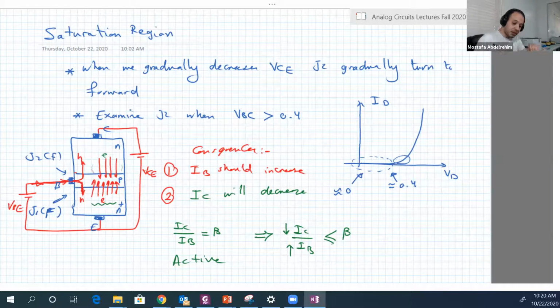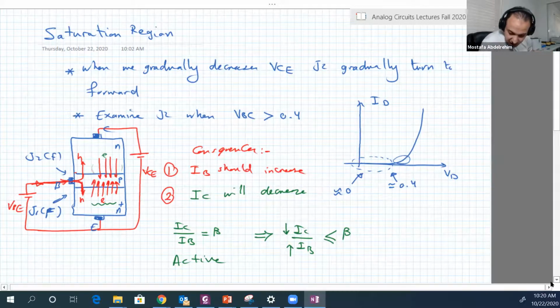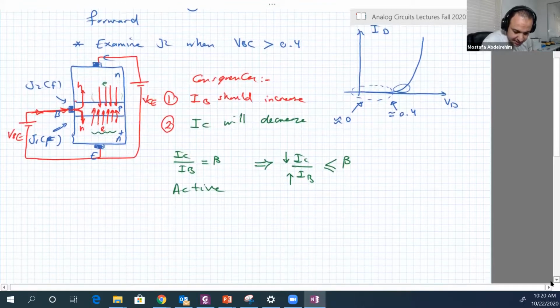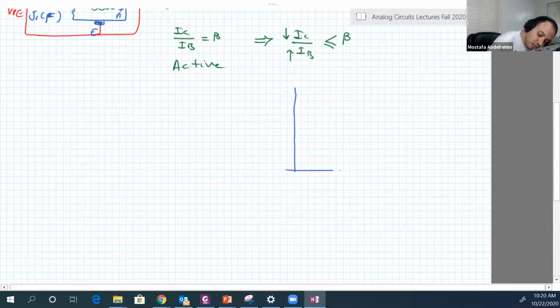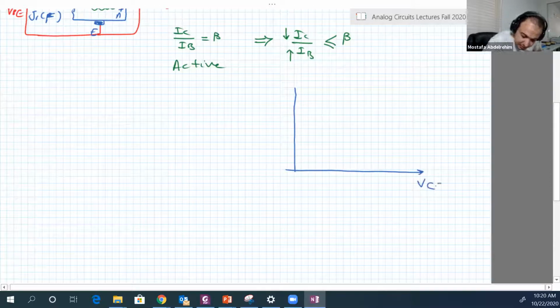So now if we're gonna extend the characteristics between IC and VCE, let's draw it now. This is VCE, and this is IC.